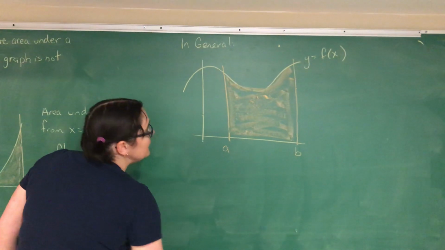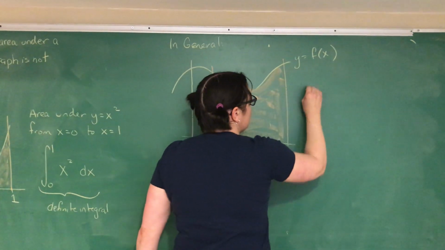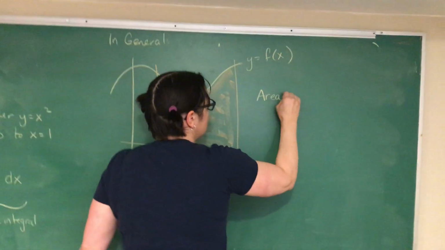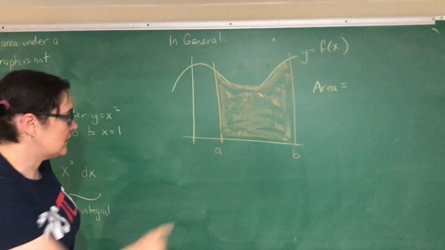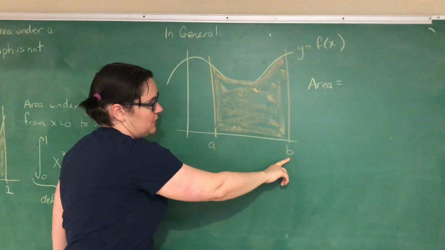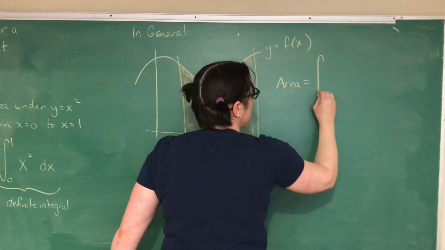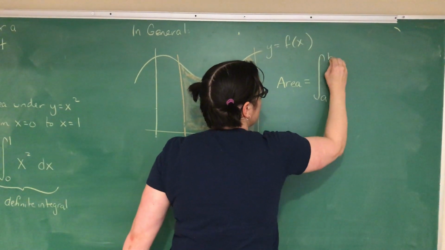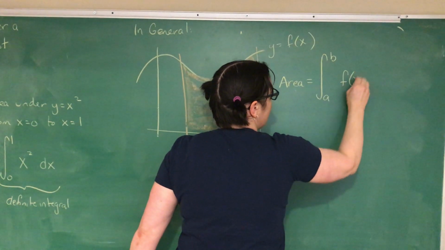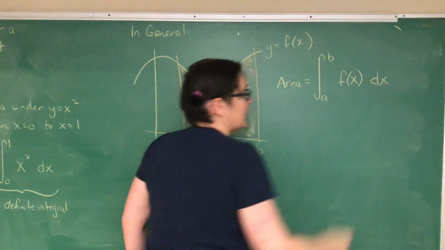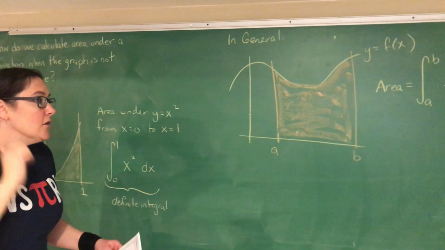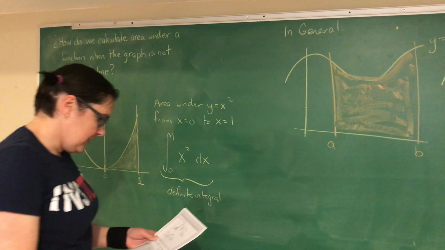The way that I would write that is this area under our function starting at x equals a and ending at x equals b would be the integral from a to b of f of x dx. Okay? So that's our example of a definite integral.